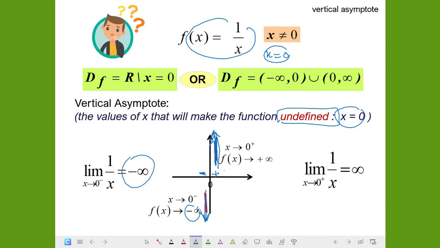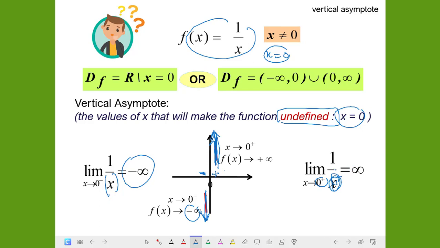Substituting 0 from the negative side, 1 over 0 is infinity, with a negative sign. From the positive side, positive infinity.